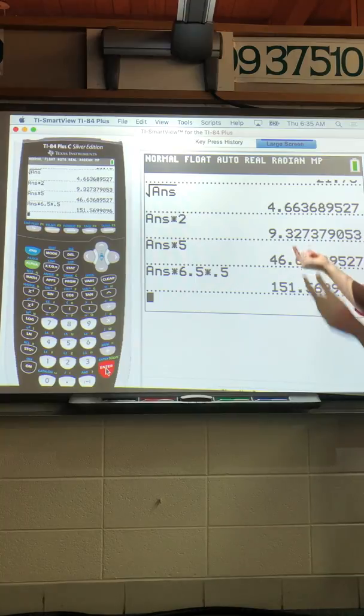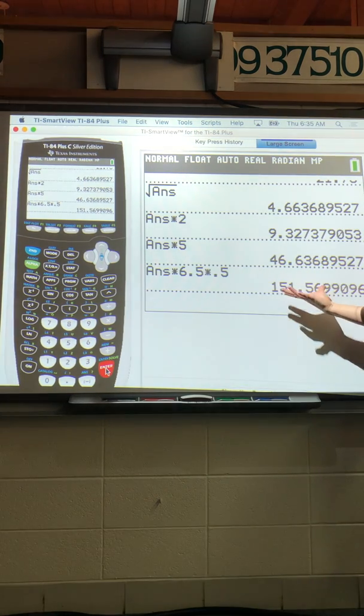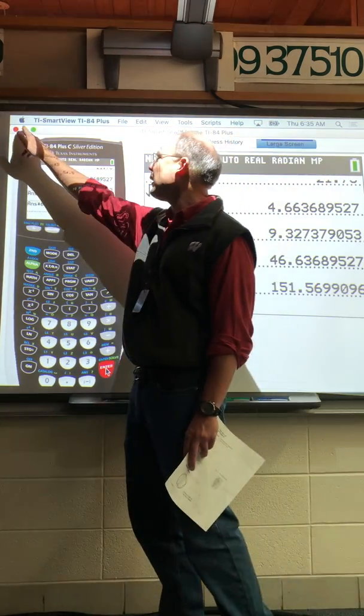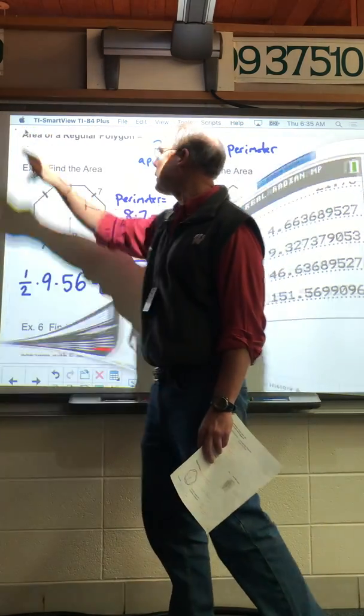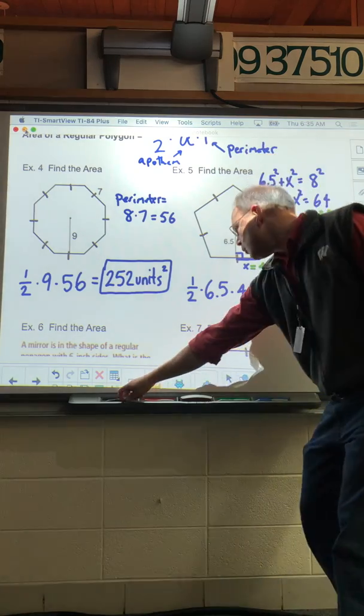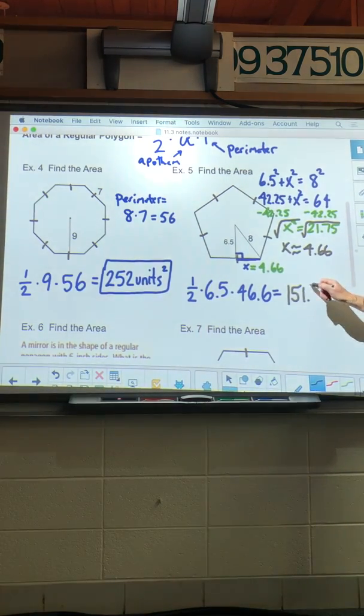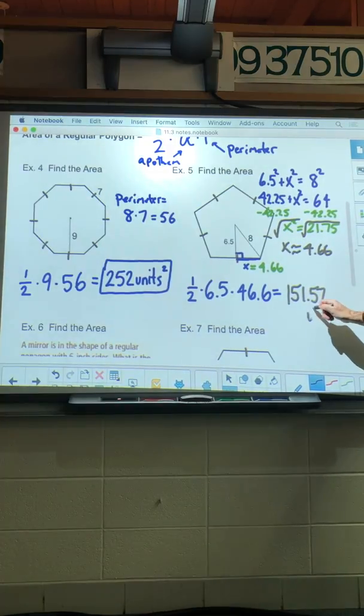If you want to write down part of it as you're doing your steps, you can, but don't hit the clear button on that calculator until you're completely done. 151.57 will be our final answer. Square units on that.